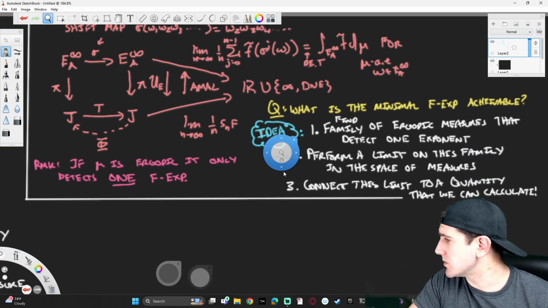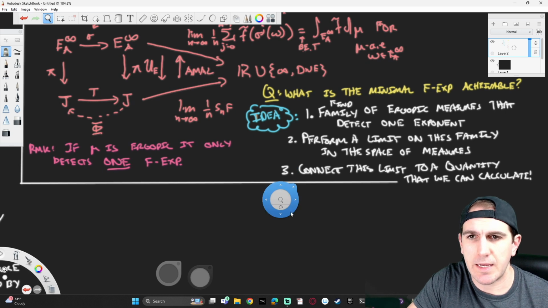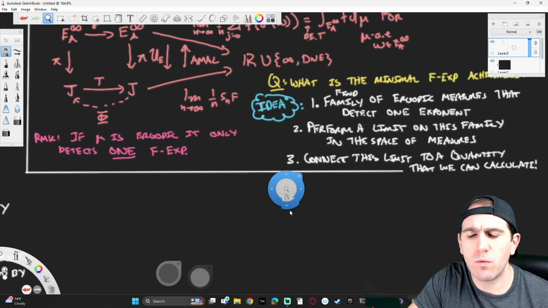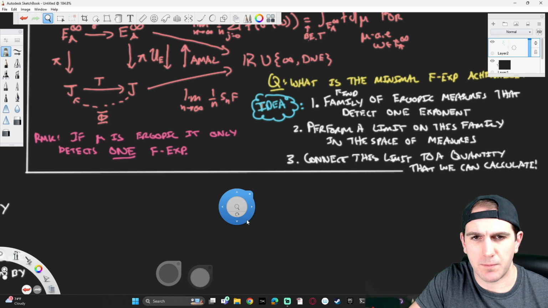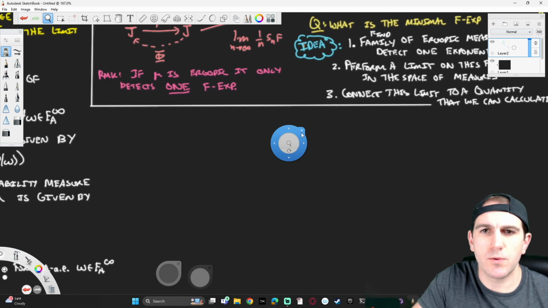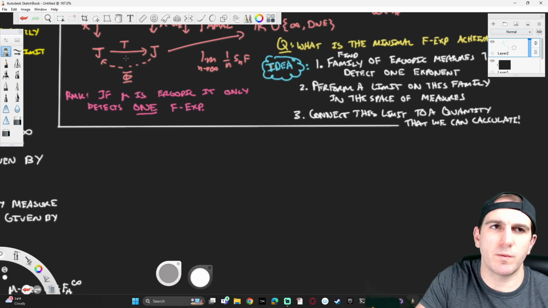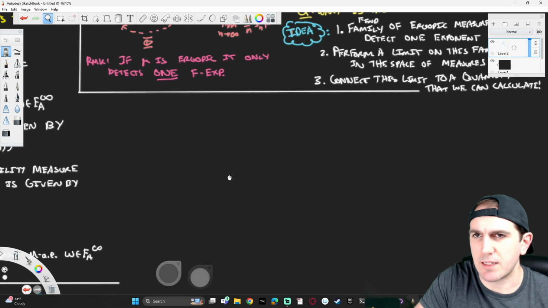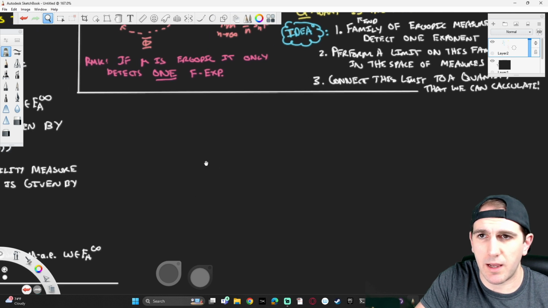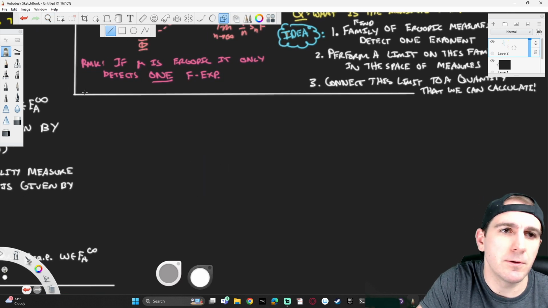But in order to pursue this, I have to tell you just a few facts, and I won't prove really anything, but I'll tell you what the toolkit is. So this plan does work out. You can find the family of measures, you can perform a limit on these family of measures, and you can connect that limit to a quantity where you can do some numerics, or you can calculate it exactly in some cases.